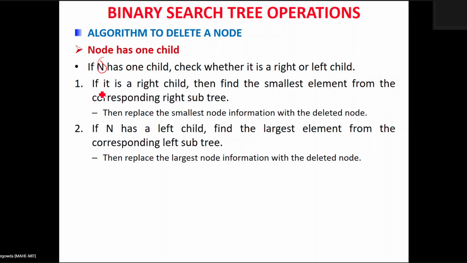If it is a right child, then find the smallest element from the corresponding right subtree. Then once it is done, replace the smallest node information with the deleted node.